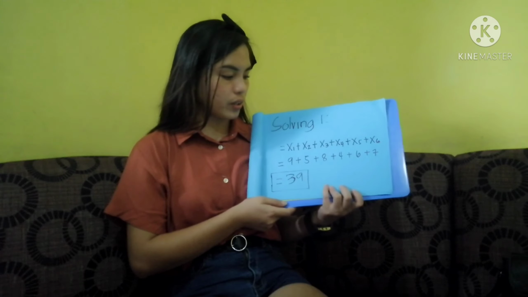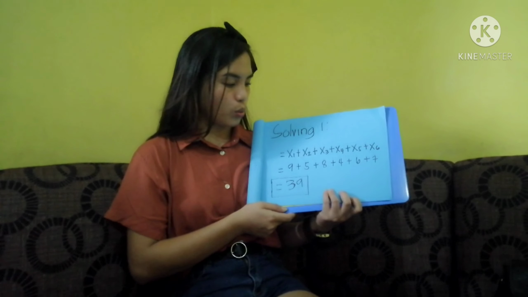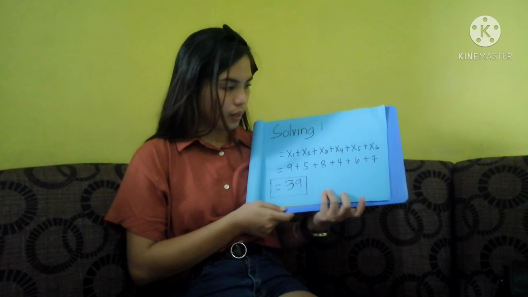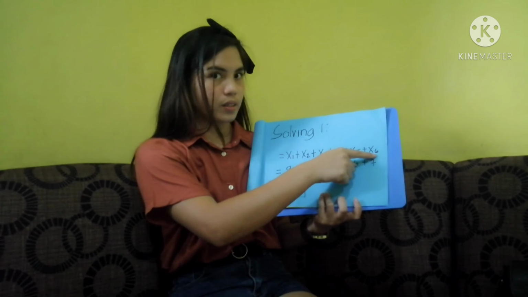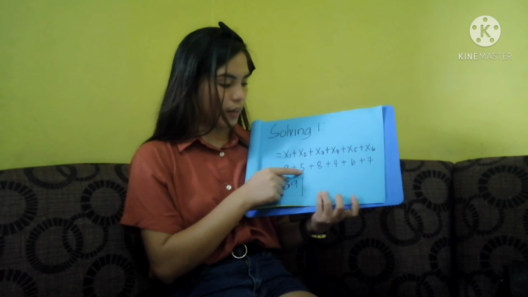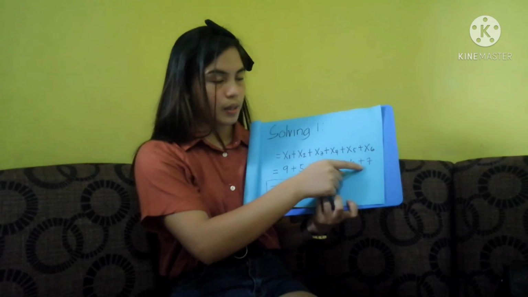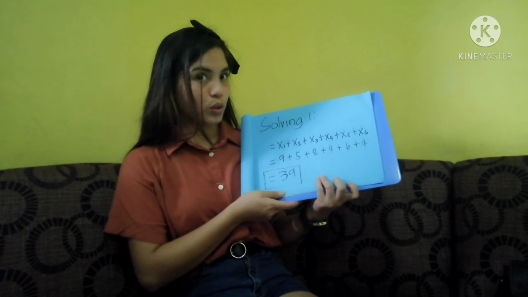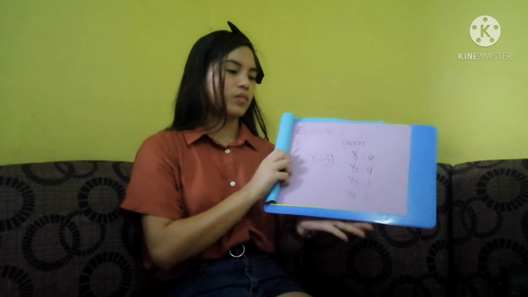Because the main operation of this topic is addition, we add the values of x sub 1 to x sub 6: 9 plus 5 plus 8 plus 4 plus 6 plus 7. The total of the values is 39.